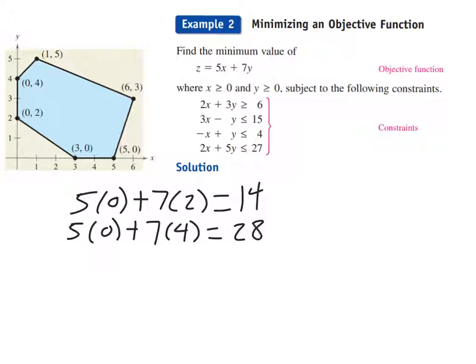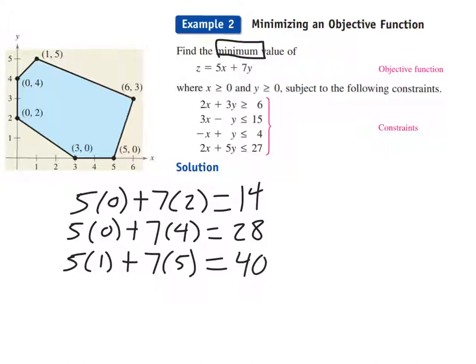That's not going to be my solution, because remember here, my goal is to find the minimum value of z. Okay, working with all those inequalities, what point, when I plug it into that objective function, will give me the smallest possible value for z? Right now it looks to be 14. 1, 5 gives you 40.